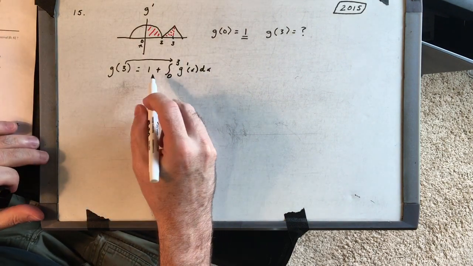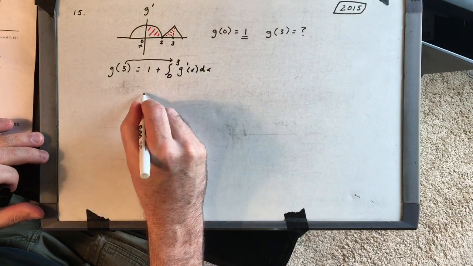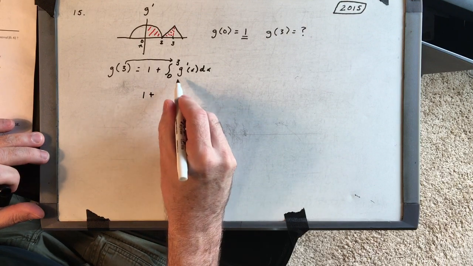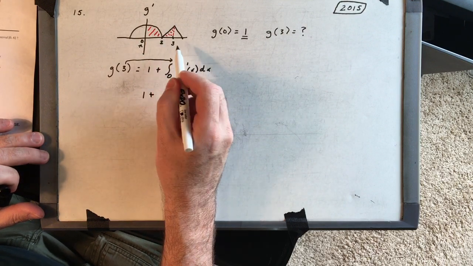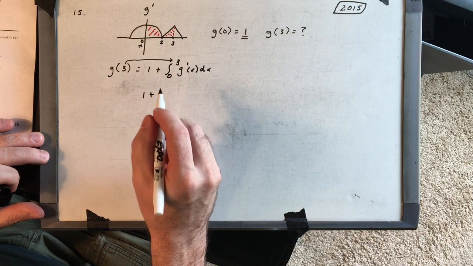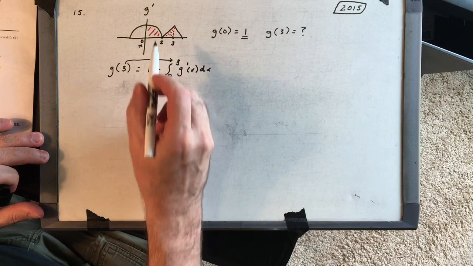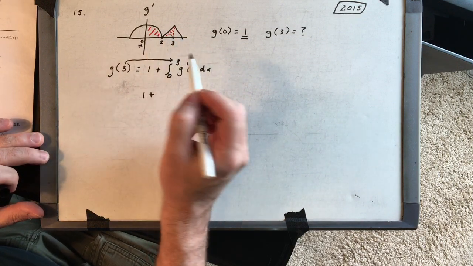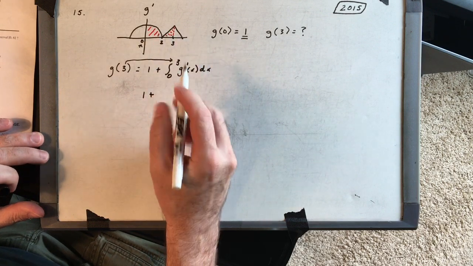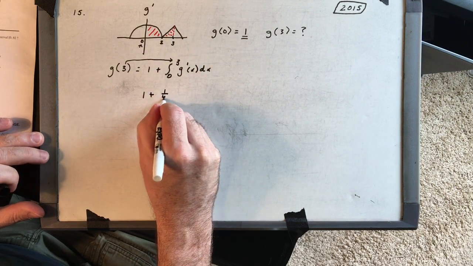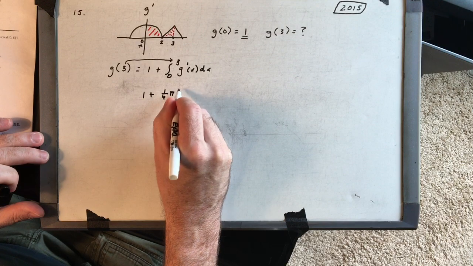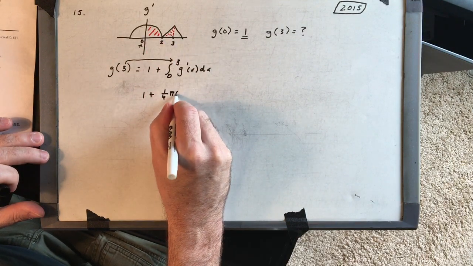So we've got 1 plus the area from 0 to 2, which is 1/4 pi times radius squared, where the area of a circle is pi r squared. The radius is 2, so 2 squared.